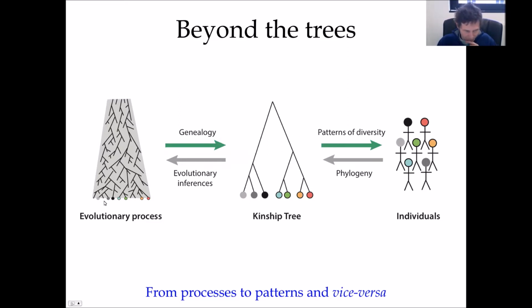And what we have at present day is a sample of individuals, the small yellow discs here, and those individuals are related by the process through a kinship tree, and we have the observed data. So biology goes from the process to the individuals, and we want to go from the individuals to the processes. Okay, so that's the general framework.